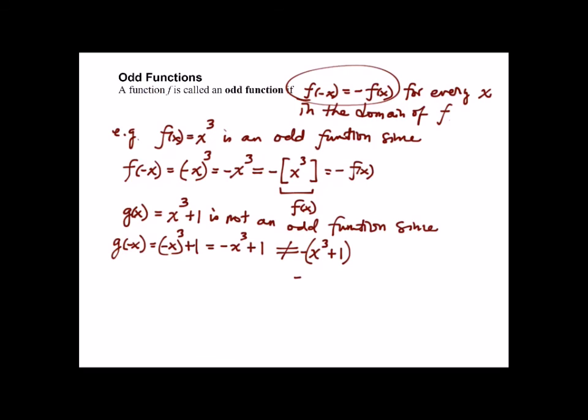In particular, this certainly is not equal to negative x cubed minus 1 for all x. In particular, if x is equal to negative 1, then g of negative 1 is 0, while negative g of 1 will give you negative 2. 0 is certainly not equal to negative 2, hence we cannot possibly have the fact that g of negative x equals negative g of x for every x in the domain.